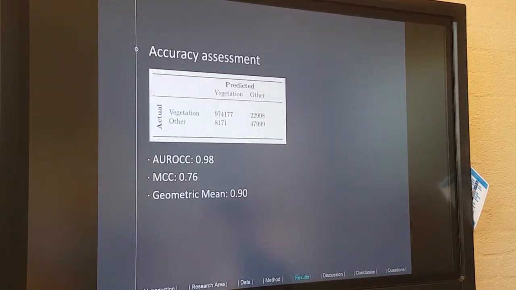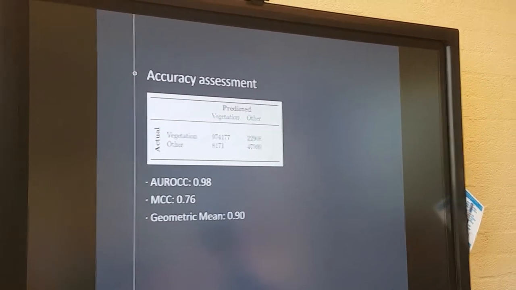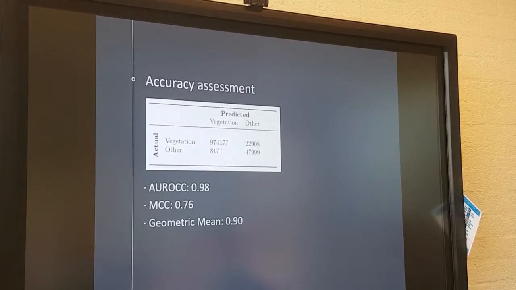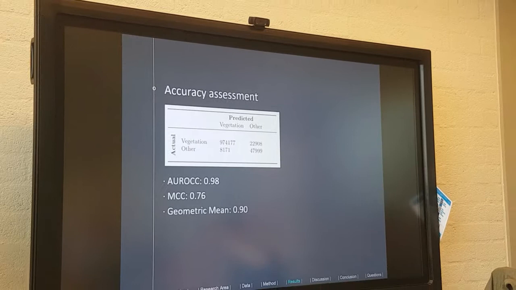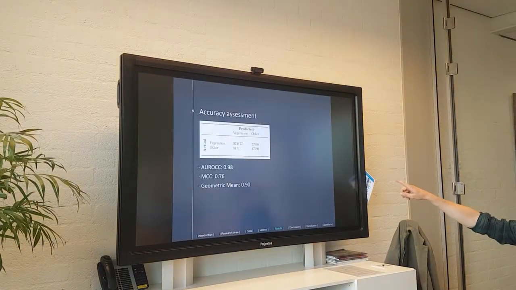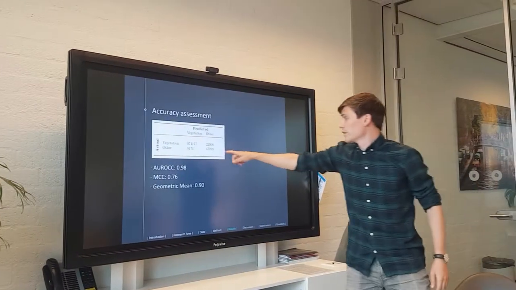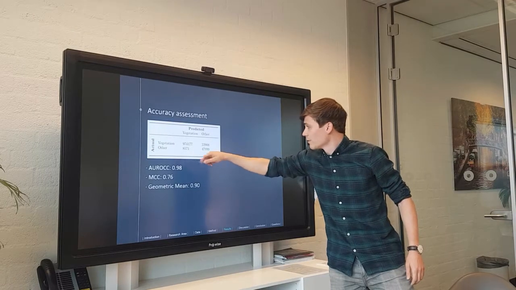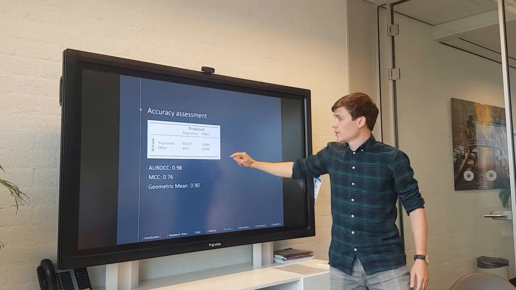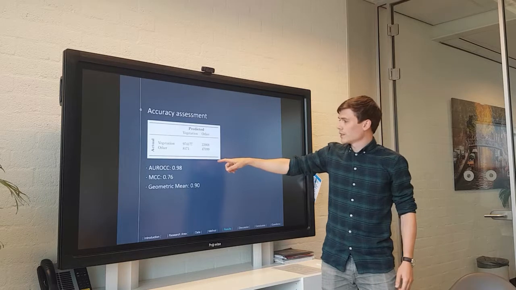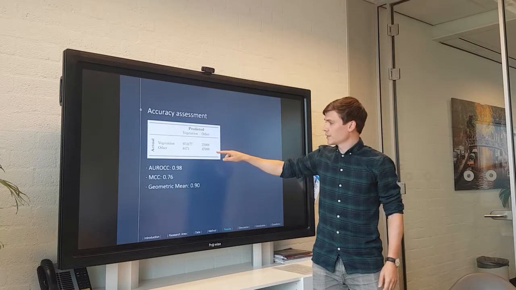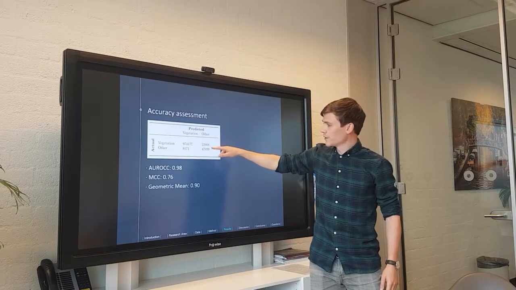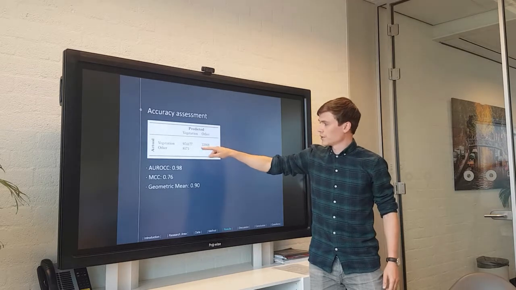So if you look at the numbers, we can see that the vegetation is classified very well, if you compare the number of the true positives against the false positives and the false negatives. But the accuracy of the other class is less good. If you look at the difference between these and these, there's way less difference.